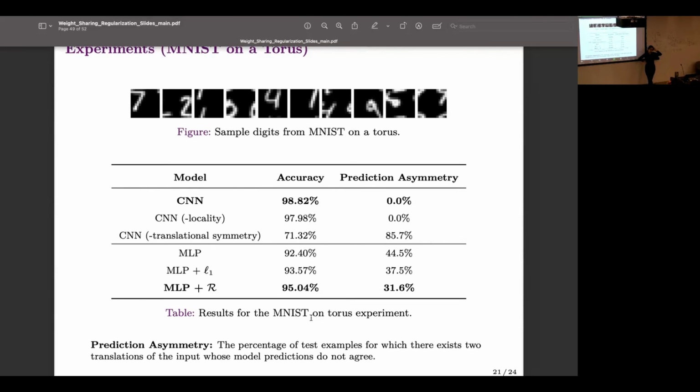But if your network predicts 6 for all of them when the digit is a 7, you still get 100% prediction estimate.